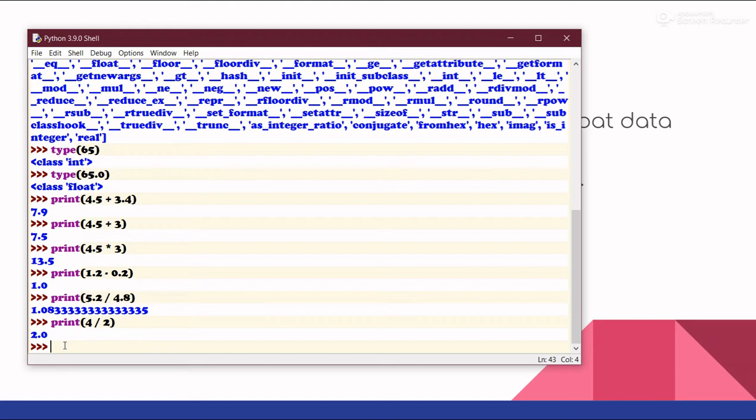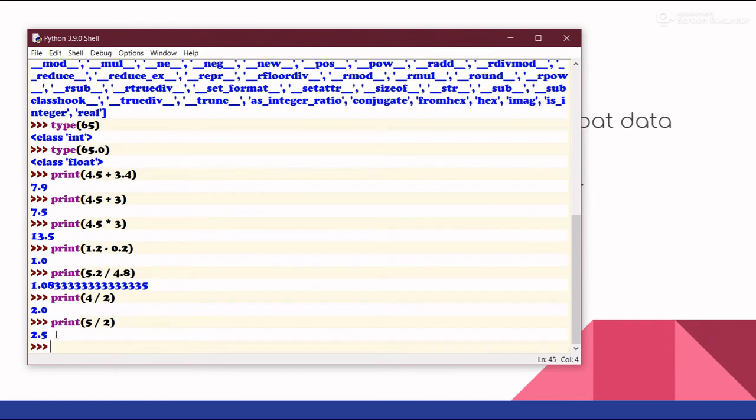It has set a rule in the division operator that whenever we divide anything, whether it's an integer or a float, we are always going to get a floating point value. So for example, let's say we divide 5 by 2. In this case, we are going to get a floating point value, because the division result will be a decimal value. But in the other case, the division result was not a decimal value. Python has just made a rule for the division operator that we will always get a floating point value while using the division operator.